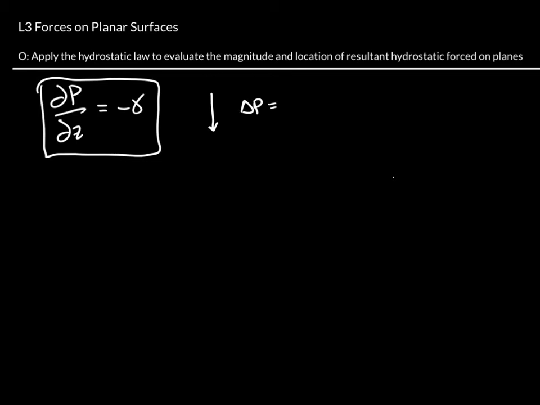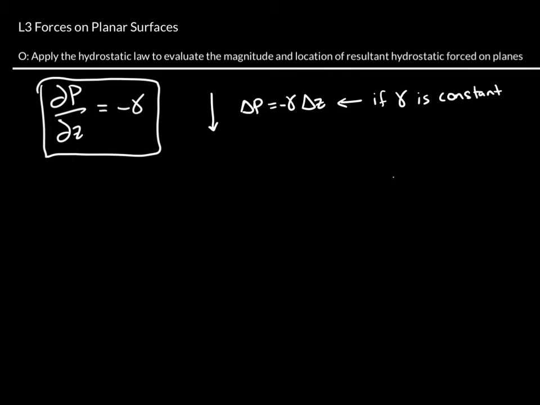The change in pressure equals, if gamma is constant, gamma times the change in z, or negative.